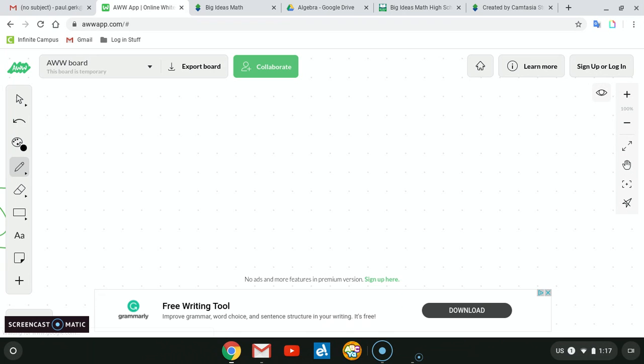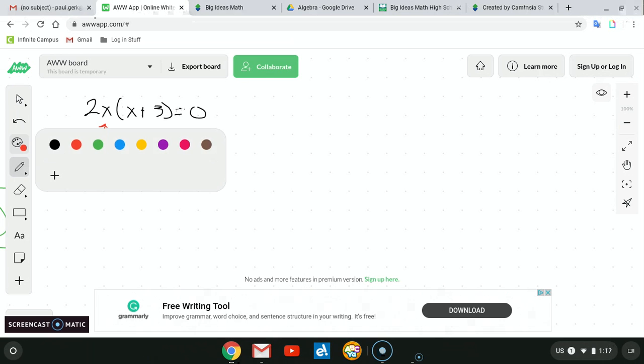When we're solving 2x times x plus 3 equals 0, what we were doing was trying to figure out what this x value right here needs to be in order for our answer to be 0, and what this x value right here needs to be in order for our answer to be 0.